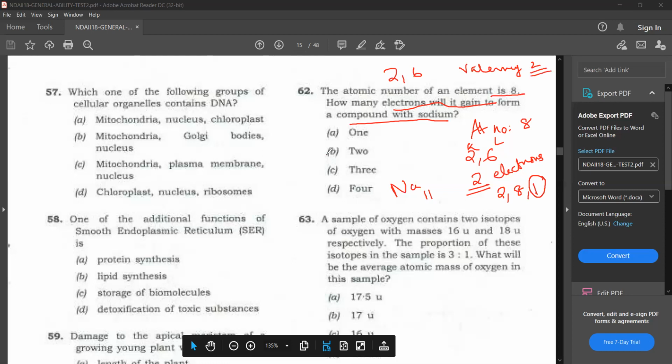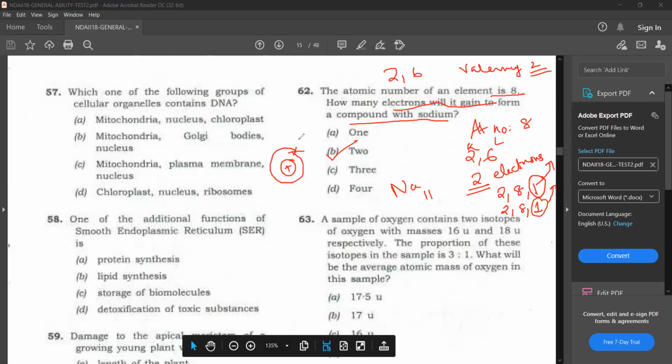It will gain 2 electrons because its valency is 2. It can gain an electron from one sodium as well as from another sodium.